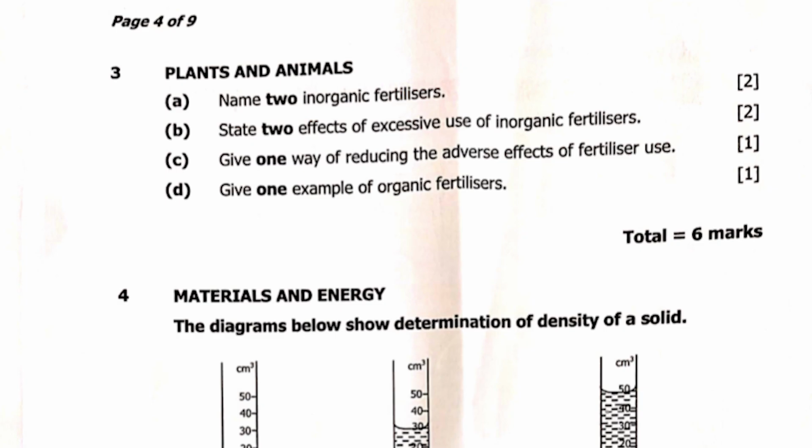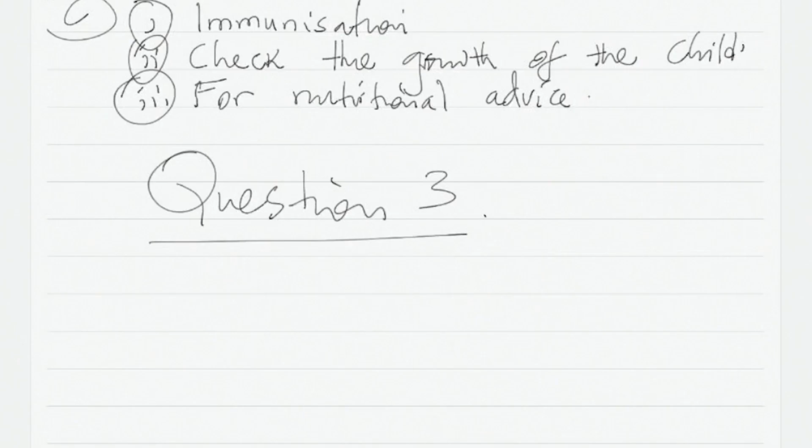Question 3 is still looking at plants and animals, and on this part it is looking at the fertilizers or the nutrients that are found in plants. Before we go into answering this question, I want to look at the plant nutrients.